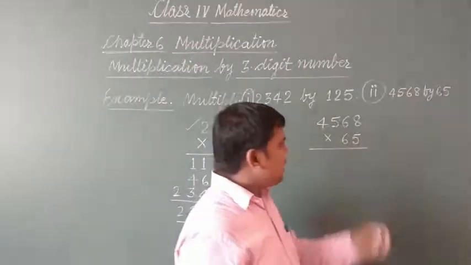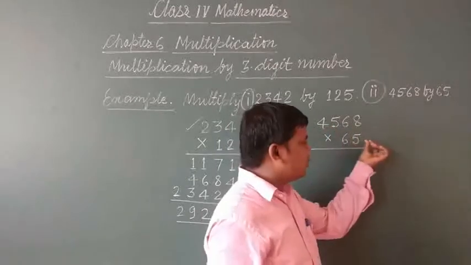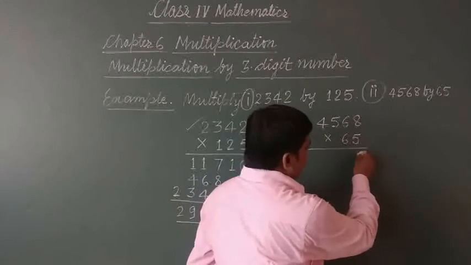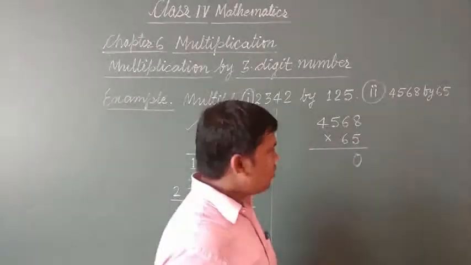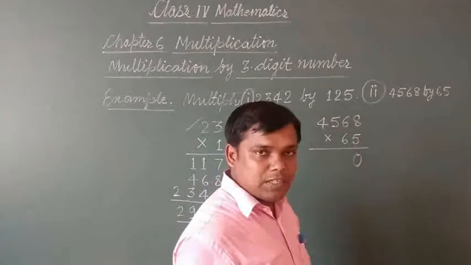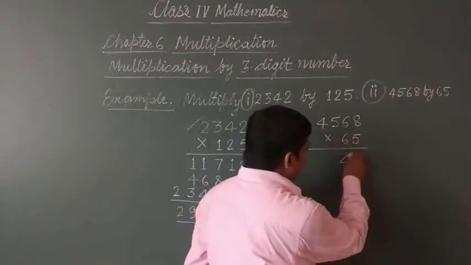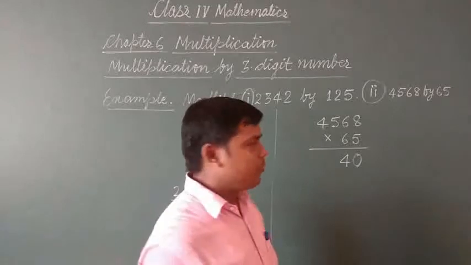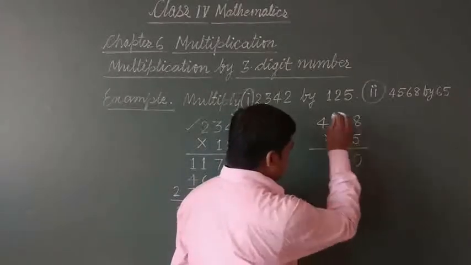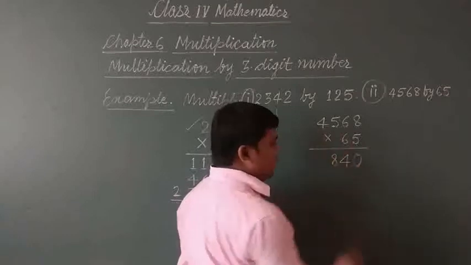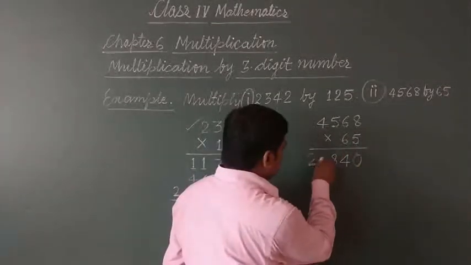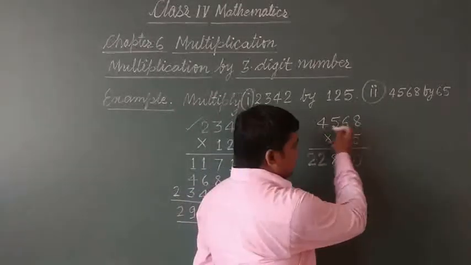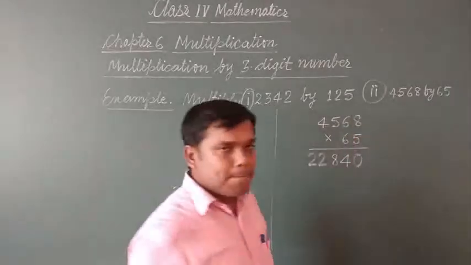We again multiply 4568 by 5. So when we multiply, 8 5s are 40, 0, carry 4. 6 5s are 30, 30 plus 4, 34, 4, carry 3. 5 5s are 25, 25 plus 3, 28, 8 here, carry 2. And 4 5s are 20 plus 2, 22. Okay, now we will multiply 4568 by 6.